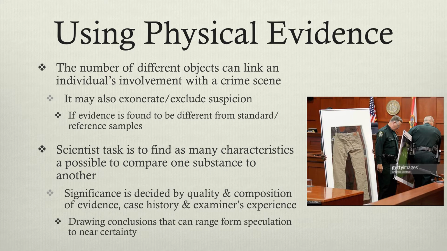The scientist's task is to find as many characteristics as possible to compare one substance to another. Significance is decided by the quality and composition of the evidence, case history, and the examiner's experience, in which they draw the conclusion, and it can range from speculation to near certainty.